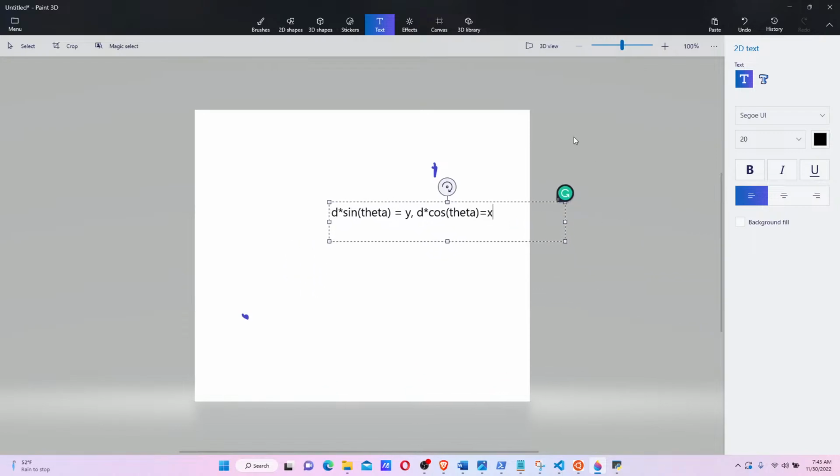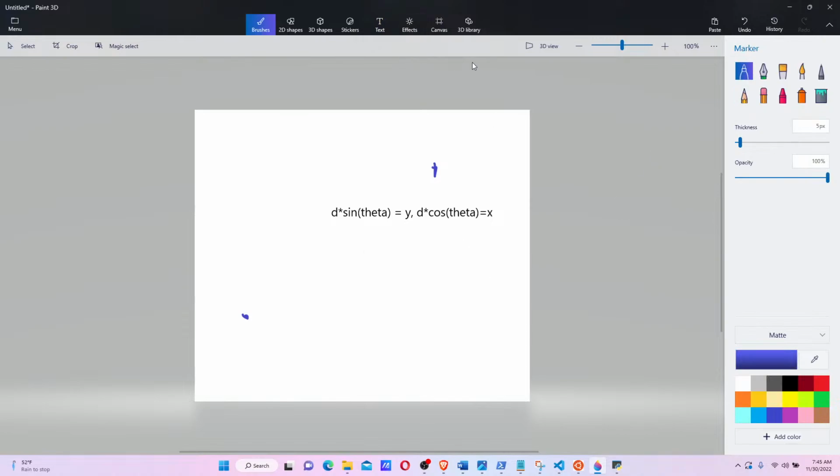Okay, so think, what if we had this where we had point 1 here and point 2 over here.